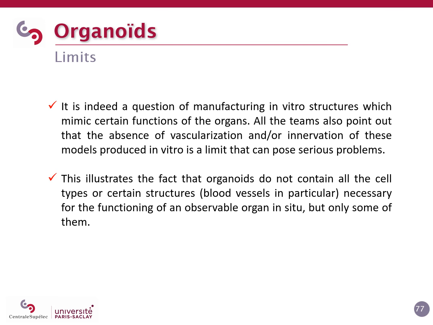This illustrates the fact that organoids do not contain all the cell types of certain structures, blood vessels in particular, necessary for the functioning of an observable organ in situ, but only some of them.